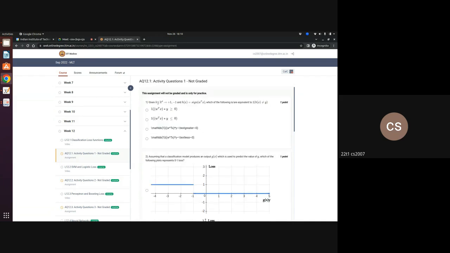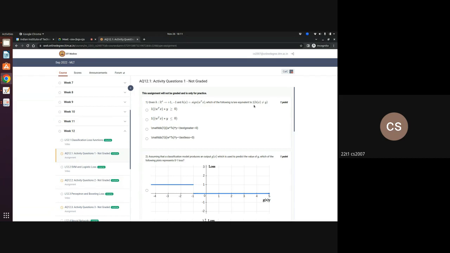Okay, so what's the question? There is a model which transforms a d-dimensional data point to either +1 or -1. And the model is such that it takes the sign of W transpose X. Now we are asking which of the following are equivalent to this. So what exactly is this?